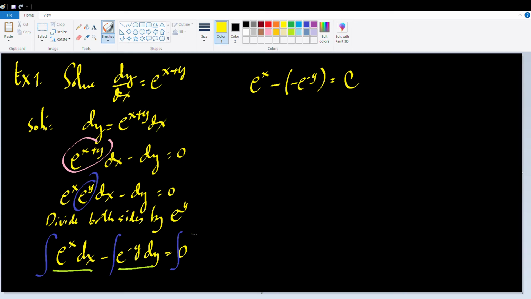The integral of 0 is a constant, as the derivative of a constant is 0. So this is the same as e to the x plus 1 over e to the y equal to c.